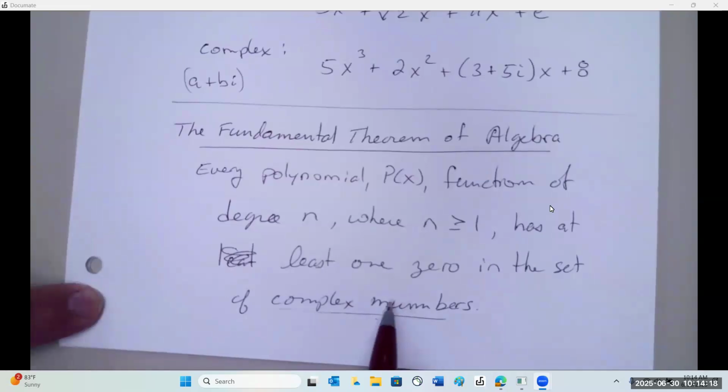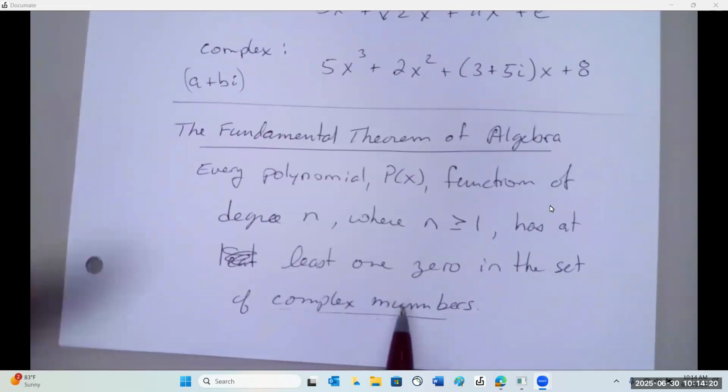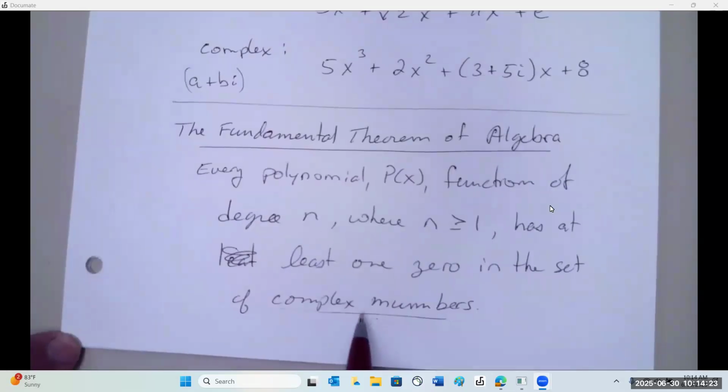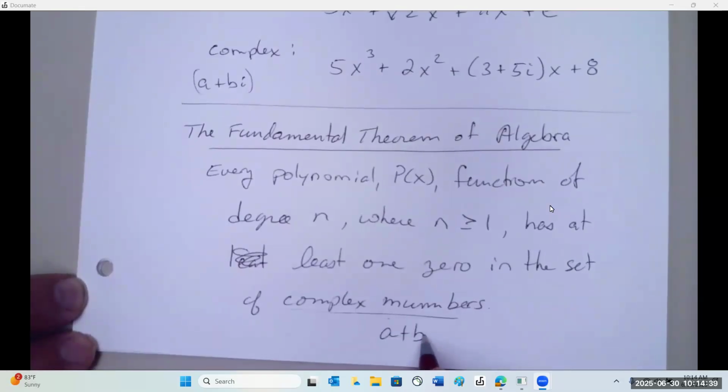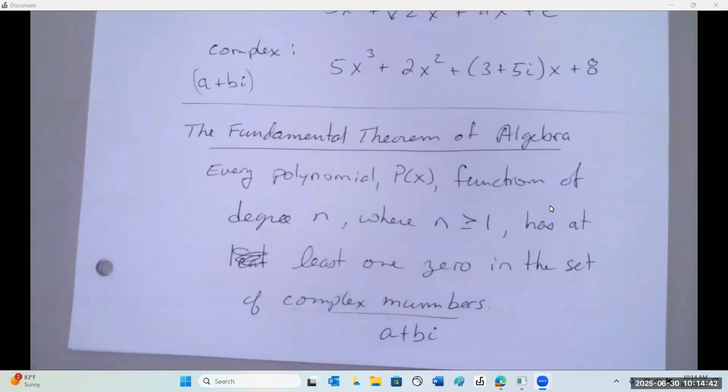What does a complex number look like? You're absolutely correct. Let's see if I can put it all together. What's a complex number look like? That's a complex number, where a and b are real numbers. Every number can be written in this form. We talked about this when we first talked about complex numbers at the beginning of chapter 3.